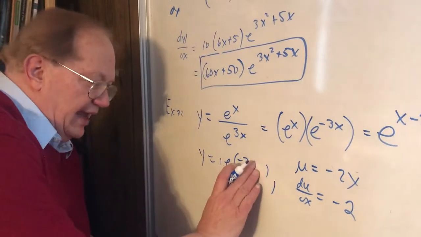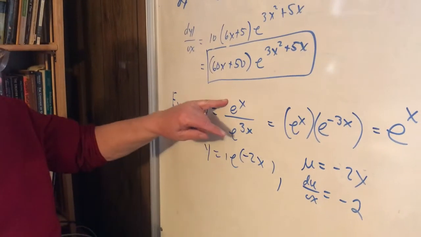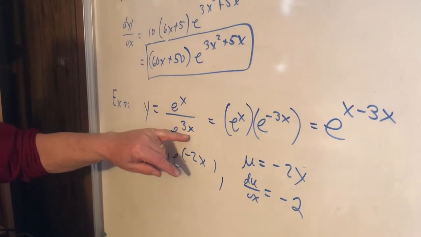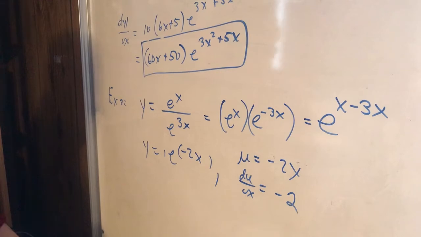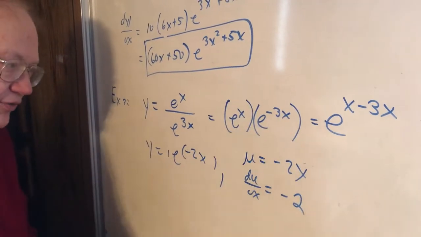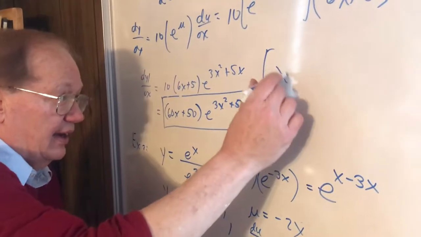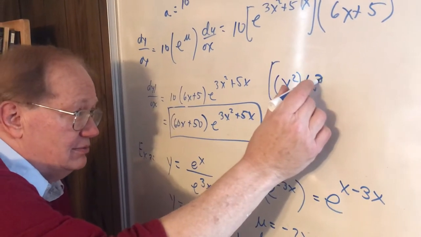So let's go over that again, just in case we confused you. We had e to the x over e to the 3x. I brought the power up, which is 3x, became e to the minus 3x. Well, when you multiply two powers, you add them. Remember when we had x squared times x third?